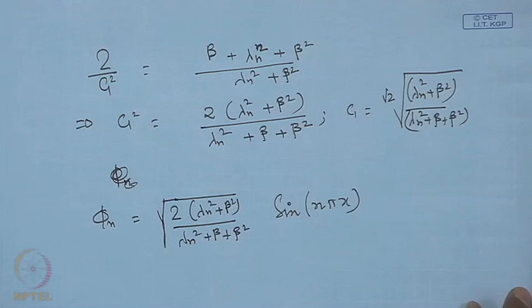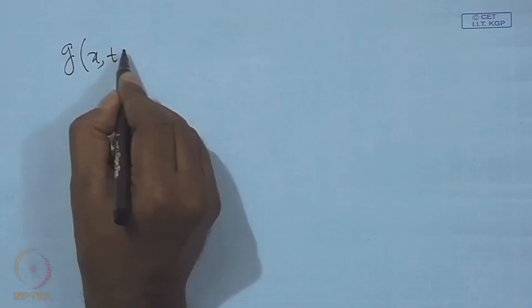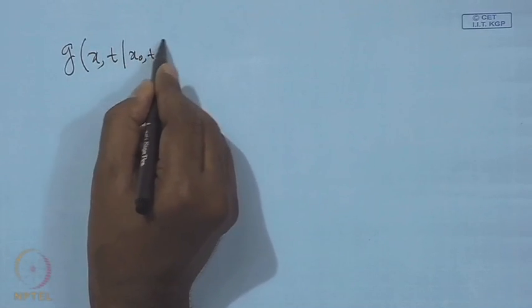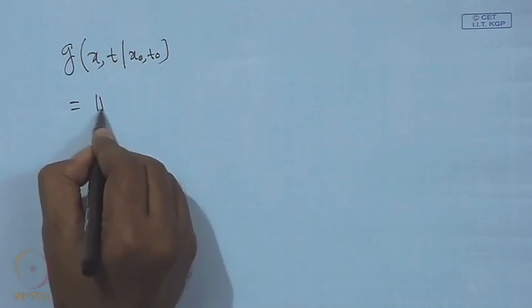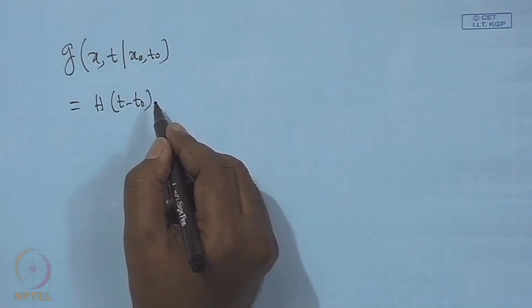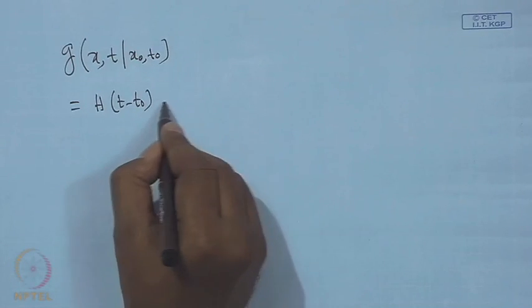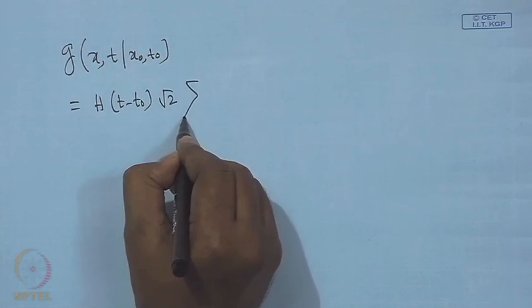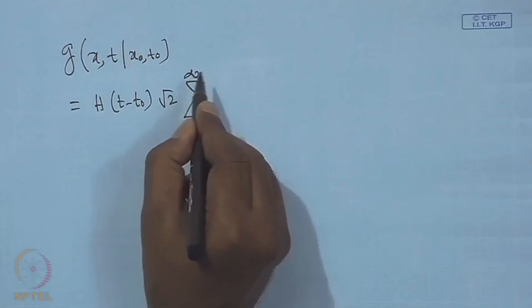So, these are the eigenvalues. So, one can get the expression of eigenfunction. So, these are the eigenfunctions. So, one can get the expression of Green's function in this particular case. So, Green's function g of x, t, x 0, t 0 is nothing but h of t minus t naught. Then this constant will be appearing, root over 2, n is equal to 1 to infinity.